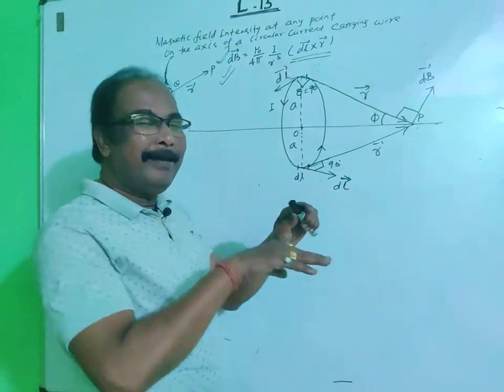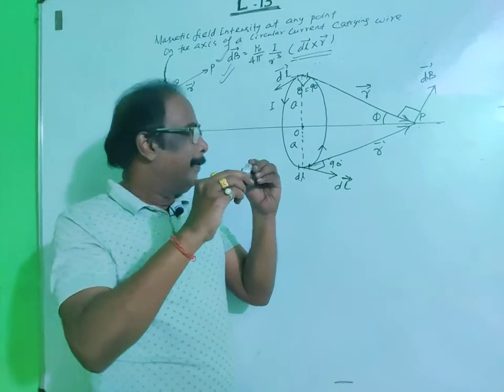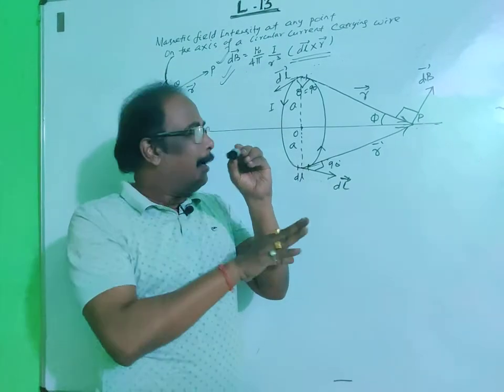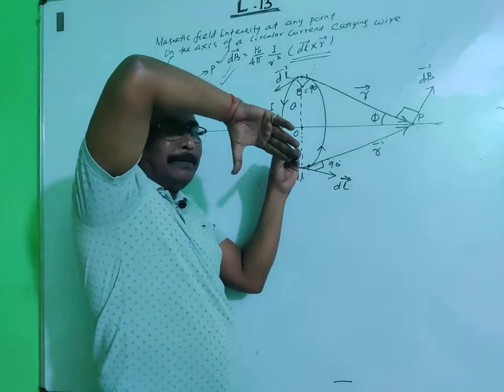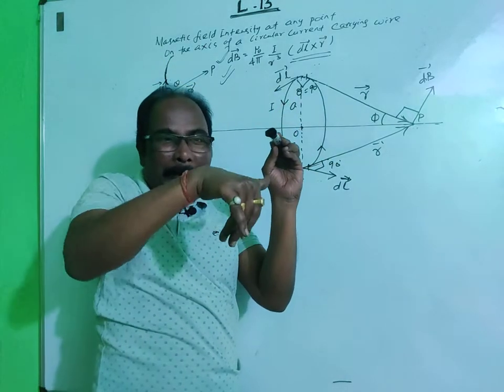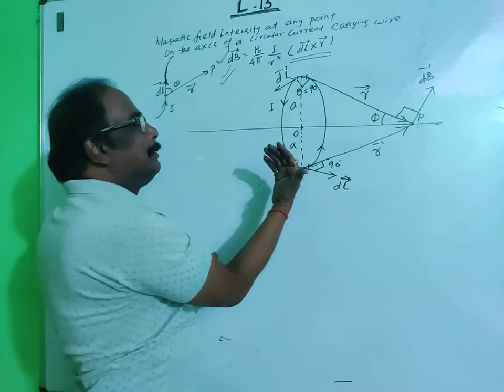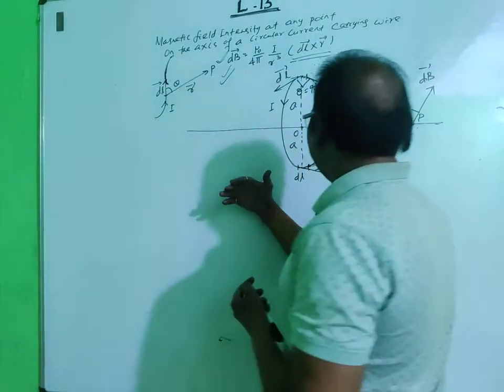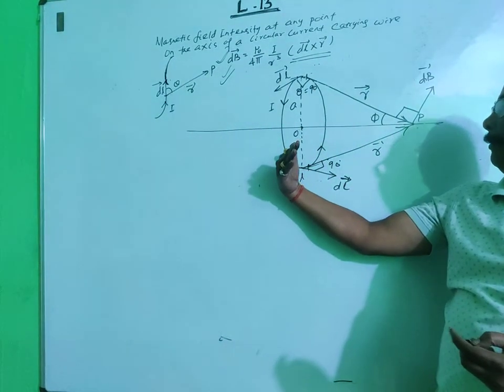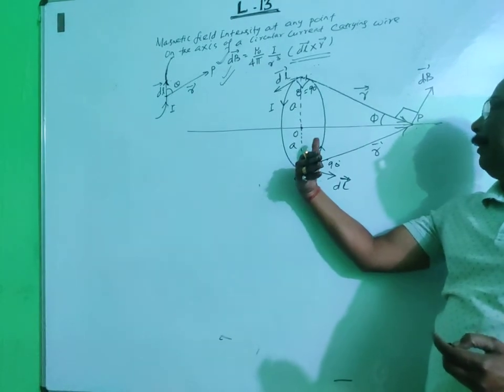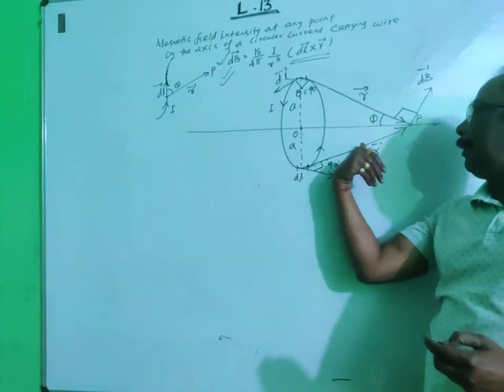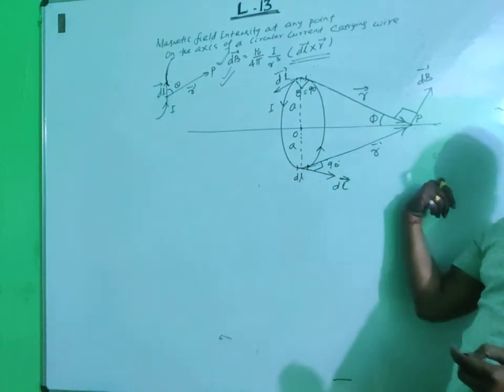See, dL is outward, and r is inclined. So this is dL, this is r. dL cross r, again this direction.